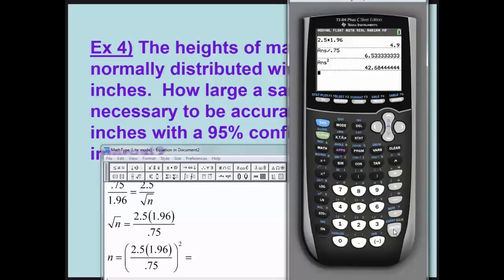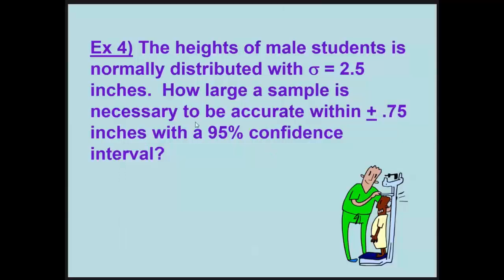So I get a sample size of 42.68, but when you're talking about sample size, you want to round up. So that means I want to talk to 43 individuals, and then I would be able to have an accuracy of plus or minus 0.75. Okay, so 43 people.